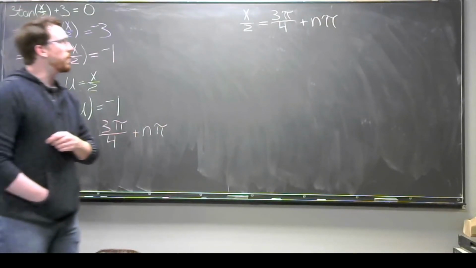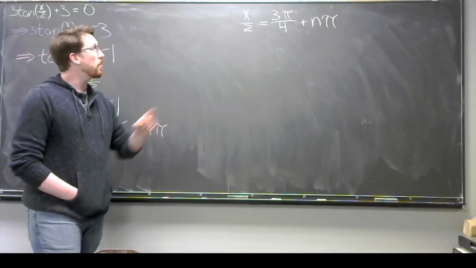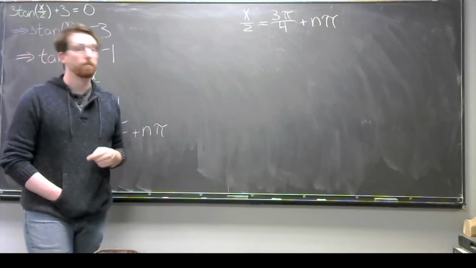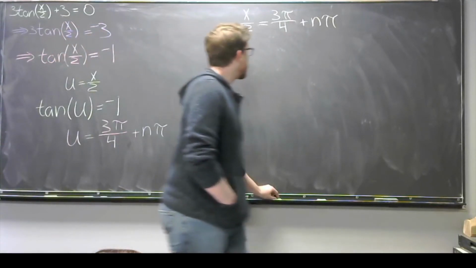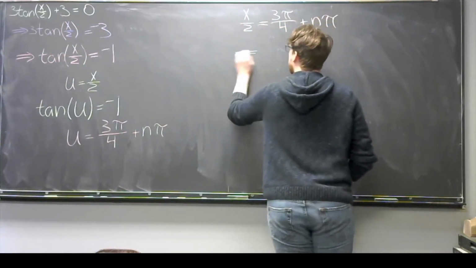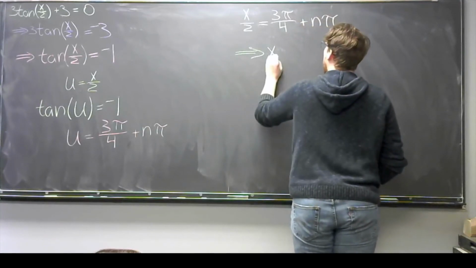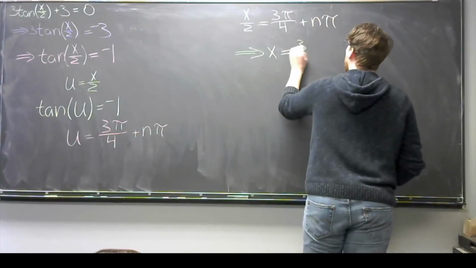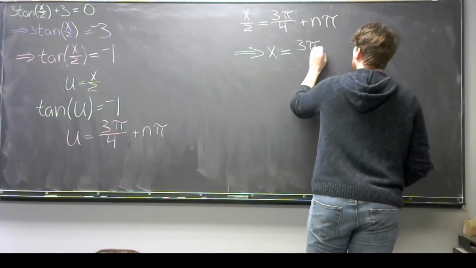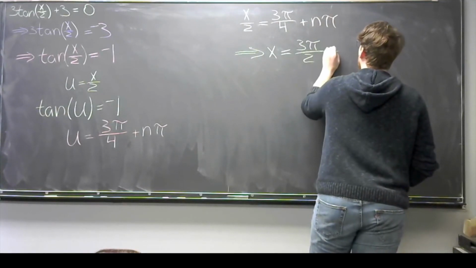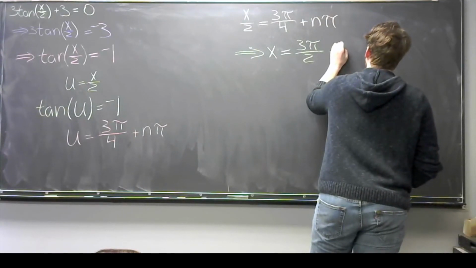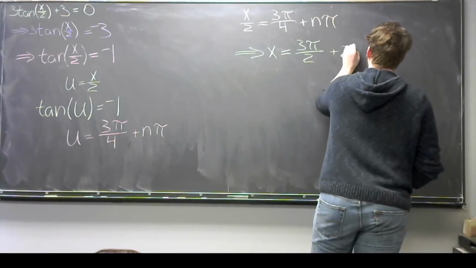So now we need to solve for x. And to solve for x, we're going to multiply both sides by 2. X is equal to 3 pi over 2 plus 2 times n pi.